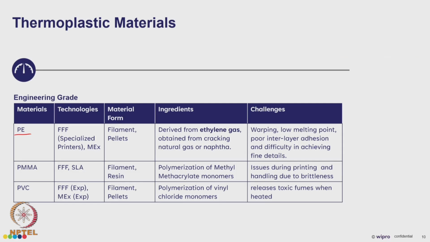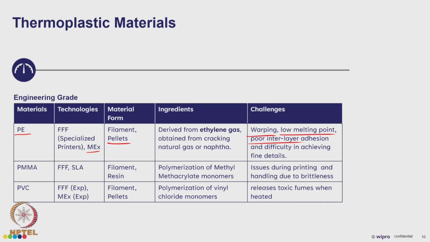It differs in its usage also, but when it comes to FFF technology we require specialized printers, and it is available in material extrusion kind of technology, where we use pellets as the raw material form. This is basically derived from ethylene gas through a polymerization reaction, but it is very critical to get it printed due to its warping, low melting point and poor interlayer adhesion kind of issues.